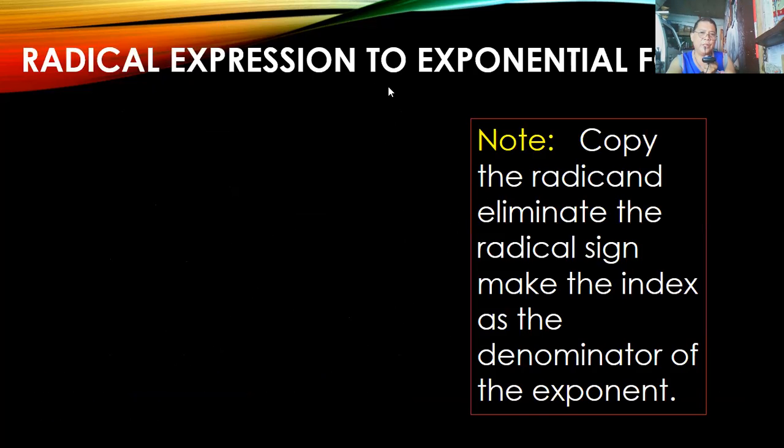So radical expression to exponential form. Copy the radicand, eliminate the radical sign, make the index as the denominator of the exponent. You have to copy the radicand, which is our base, eliminate the radical sign, make the index as the denominator of the exponent.